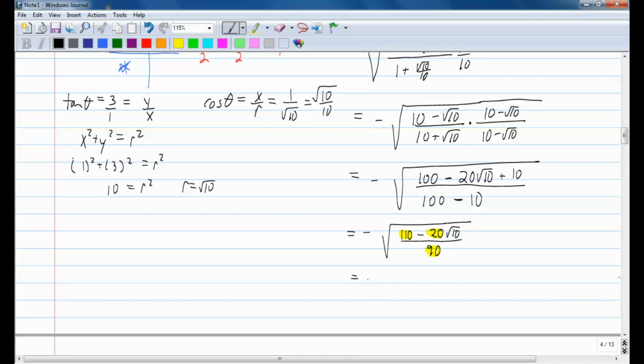So that would make this negative square root of 11 minus 2 square roots of 10 over 9. We don't have a fraction in the numerator, and we can take the square root of the denominator. So that's negative square root of 11 minus 2 square roots of 10, that's your numerator, all over 3.